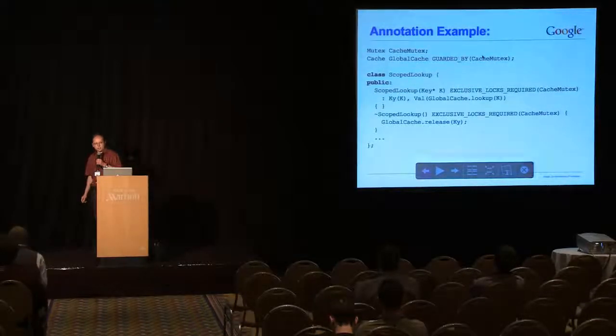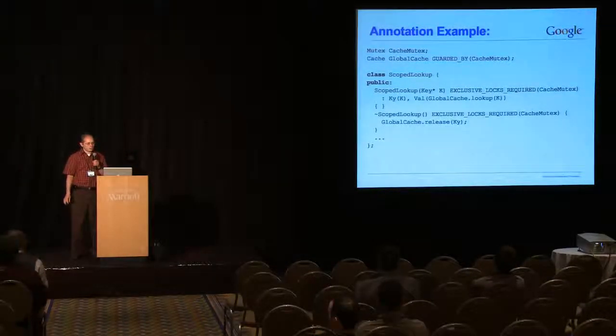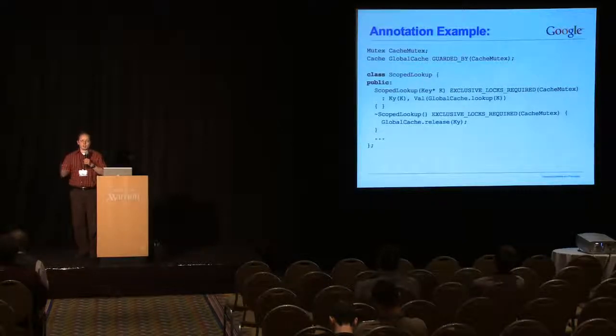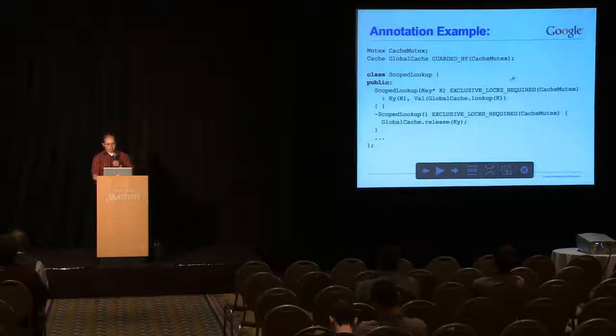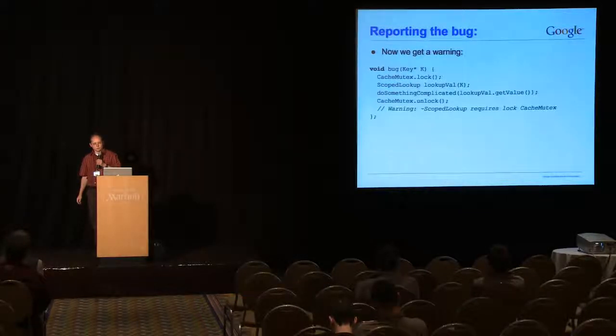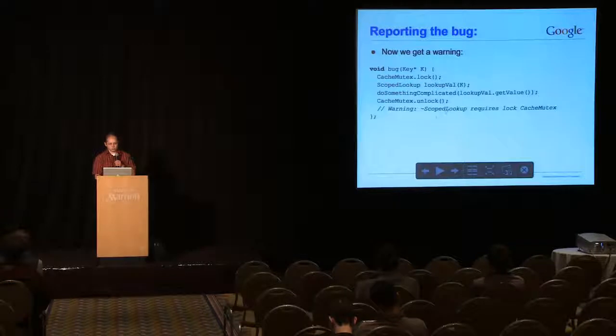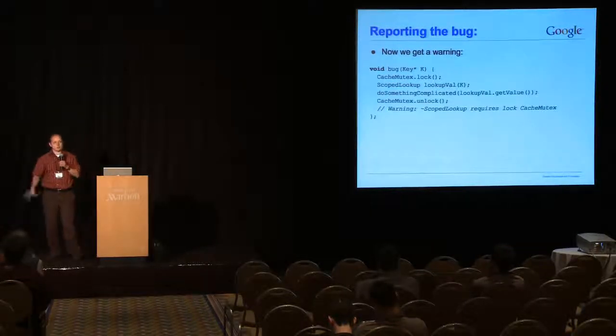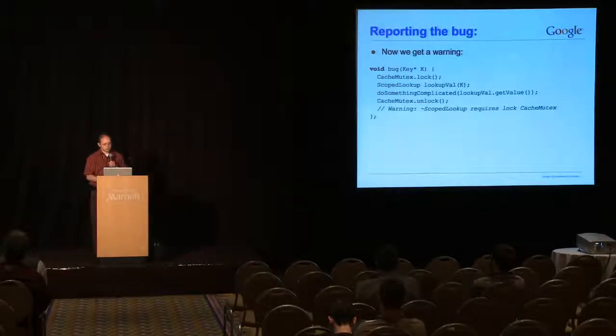And secondly, things which modify that cache now have to be annotated by stating that you have to hold the mutex before you can modify the cache. So in this case, the constructor and the destructor have this additional annotation. And now when you check this function, it will discover that you're calling the destructor at the end of the function after you've unlocked it. And the compiler will actually spit out a warning saying you need to be holding this mutex when the destructor is called.